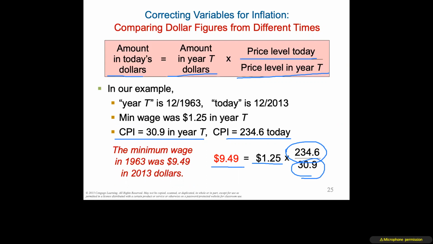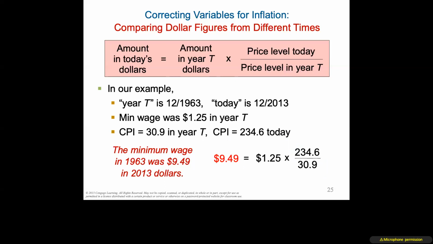So the minimum wage in 1963, which was $1.25, if you translated it to 2013 dollars, would be $9.49. Now, what does that mean?